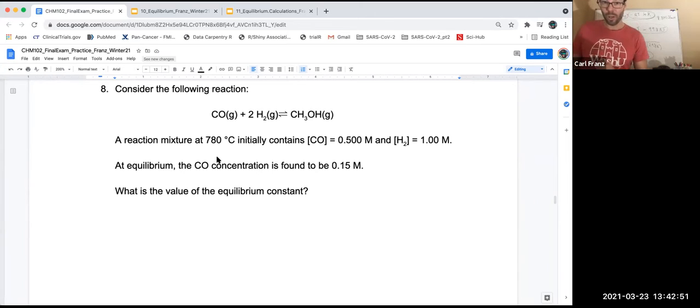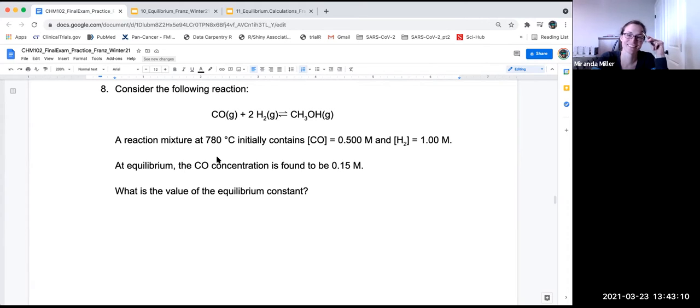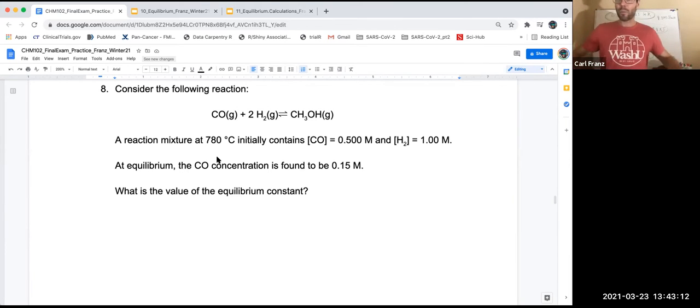What do we do when we're given initial concentrations and maybe an equilibrium concentration and asked to find the constant? Ice table. Okay, I was going to play my song. Ice Ice Baby. That's what we do. Okay.